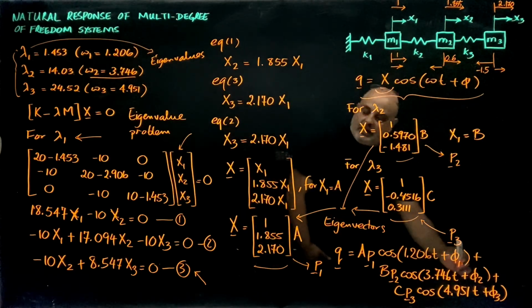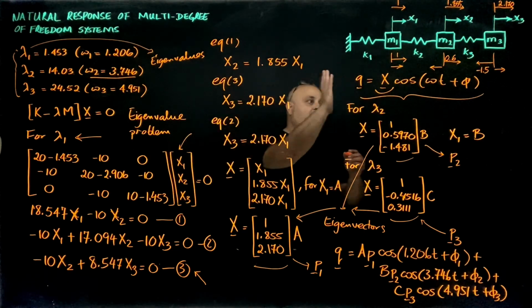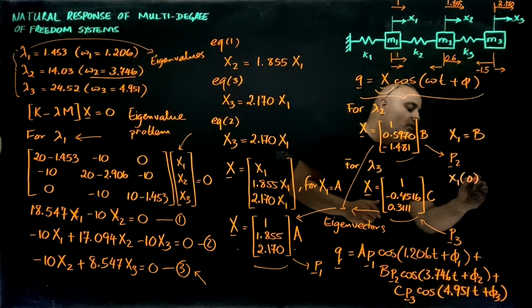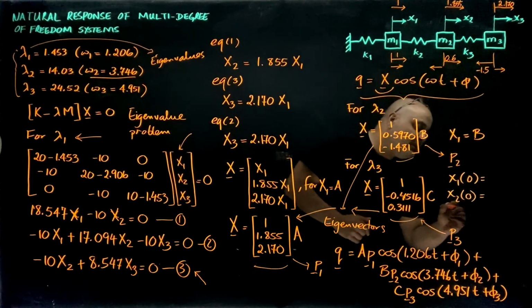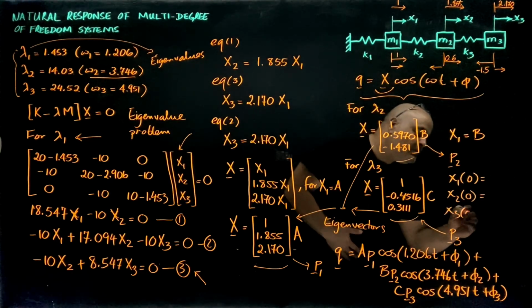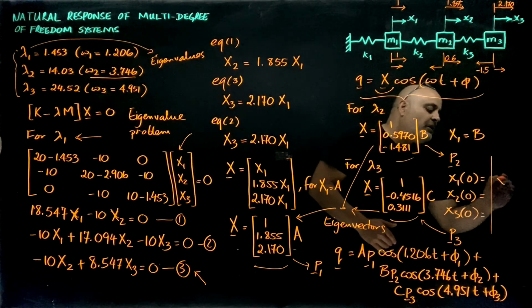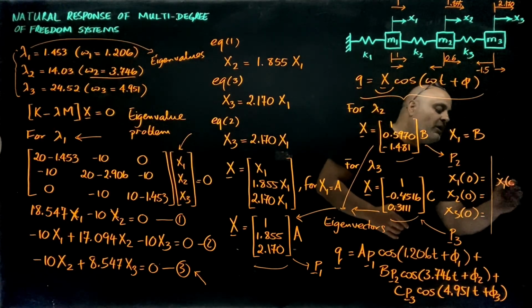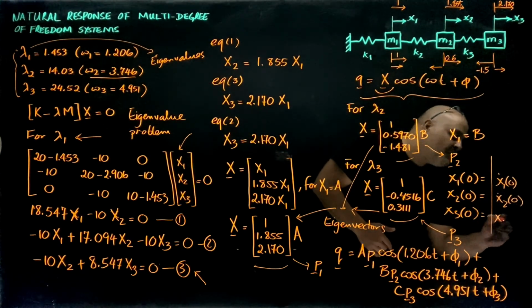Here you have 3 differential equations, so you need 6 initial conditions, and the initial conditions will be x1 at 0 and x2 at 0 and x3 at 0. These are 3 initial conditions, and the other 3 initial conditions are the initial velocities of x1 and x2 and x3.